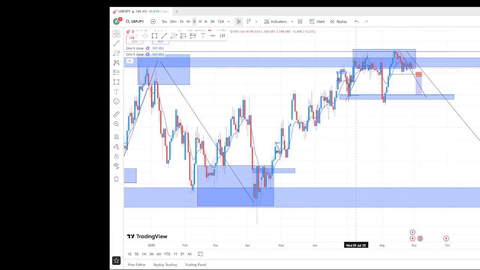As you can see, all the wicks have been consolidated, rejecting from the 200 areas, and the market has really been very choppy, and it doesn't want to be up here as it's been indicating consolidations.